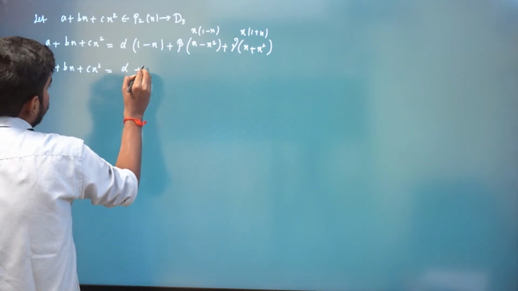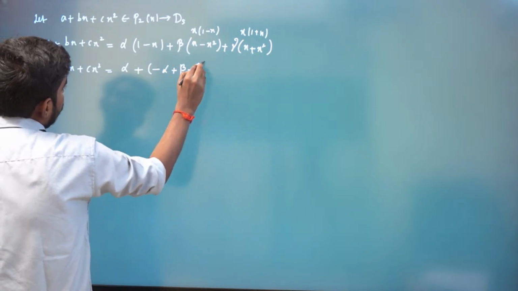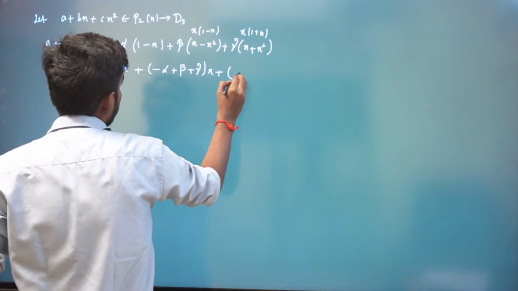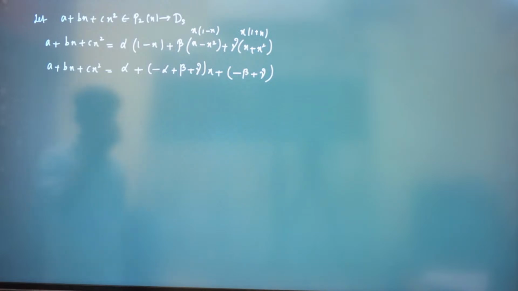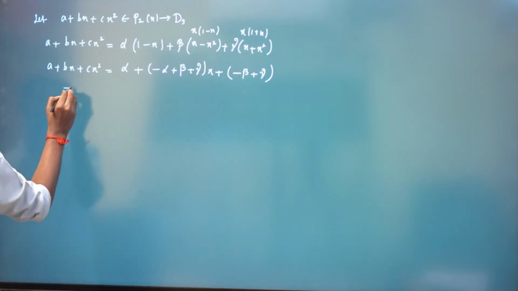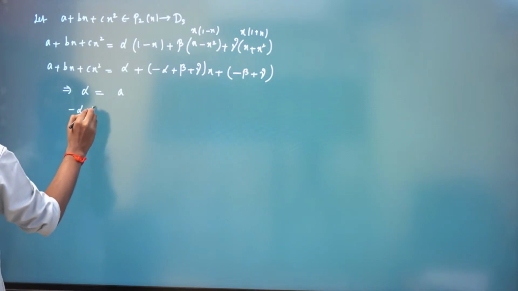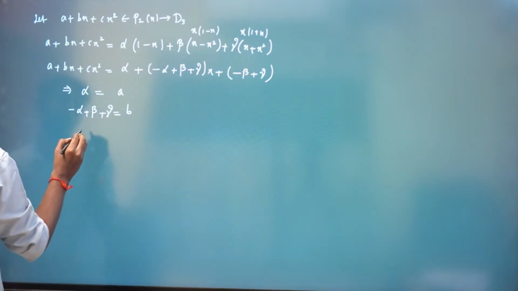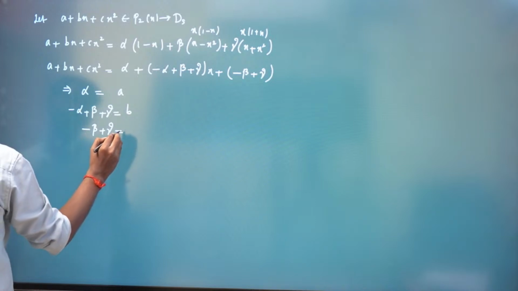You collect all the x coefficients: minus alpha plus beta plus gamma, times x. You collect all the x squared coefficients: minus beta plus gamma. So the value of alpha is a, minus alpha plus beta plus gamma is b, and minus beta plus gamma is given to be c.